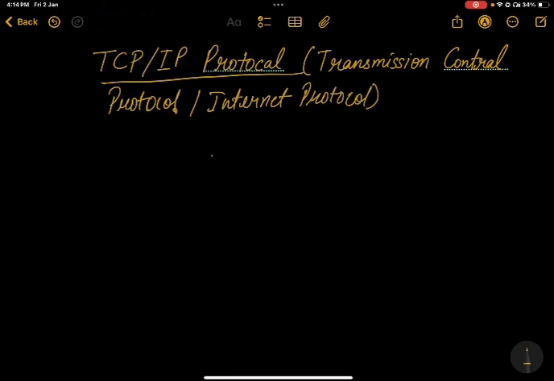It is the actual protocol suite which is used on the internet. While the OSI model is a theoretical reference model, the TCP/IP model is a practical and implementation based model that defines how data is transmitted over real networks.